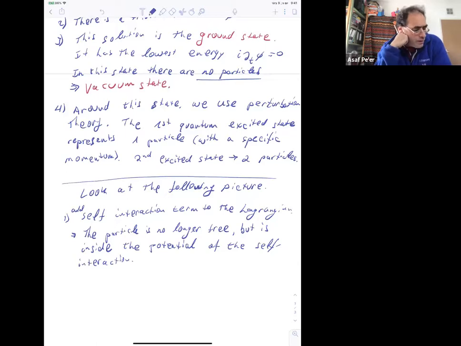Now the potential does respect the initial symmetry of the Lagrangian, but its ground state can break the symmetry.